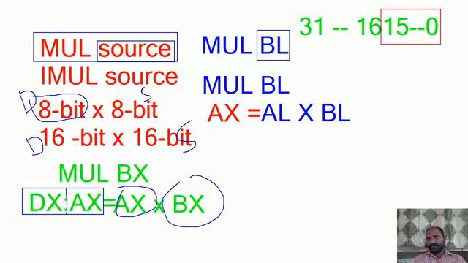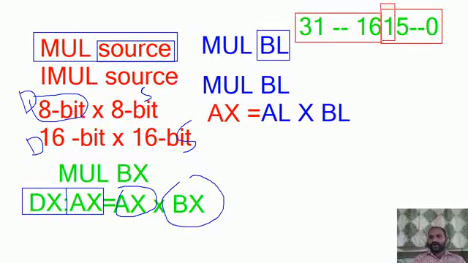I'm just writing the D suffixes: D0 to D15, D16 to D31. So totally it is a 32-bit number, and it is split into two words. The first word is 0 to 15, and the second word is 16 to 31.